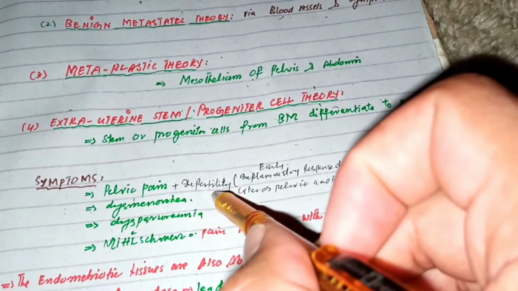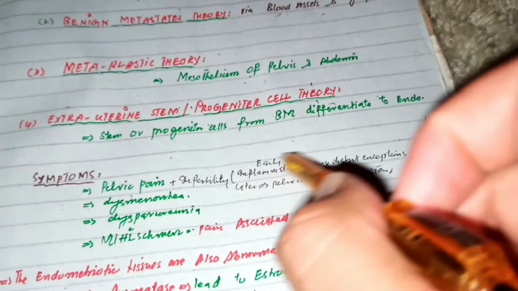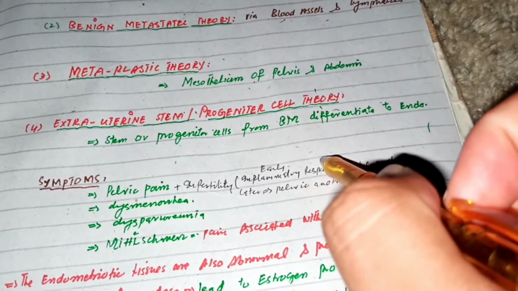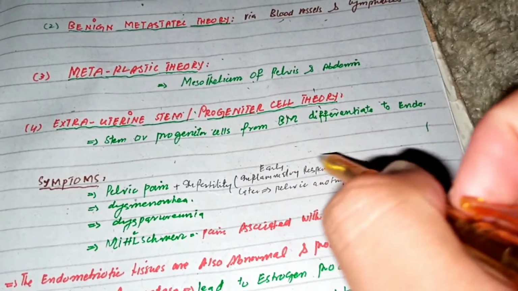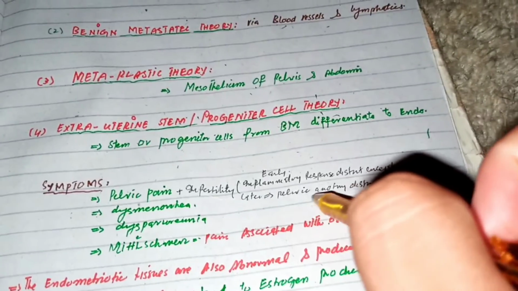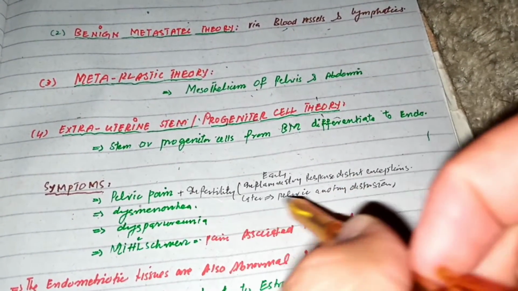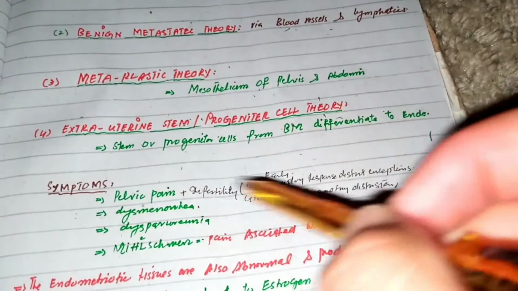The other is infertility. Infertility occurs as a result of an inflammatory condition, and the inflammatory processes disturb various processes of conception, and infertility may also be due to anatomical distortion due to endometriosis.